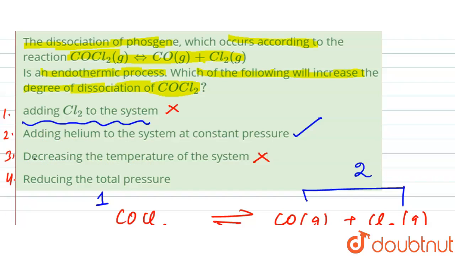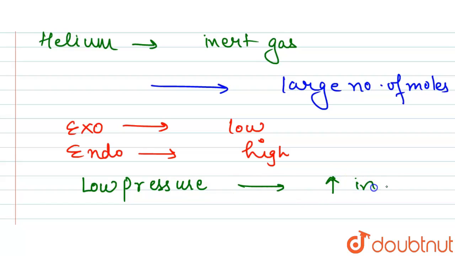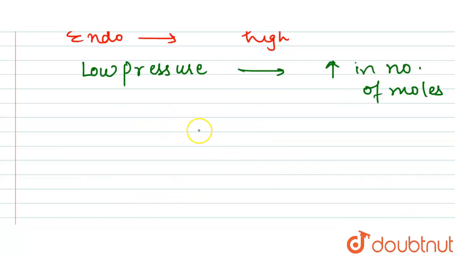Now the next is pressure. If we have low pressure, the reaction will be favored in the direction in which the number of moles increases. If the number of moles is the same, there is no effect of pressure.